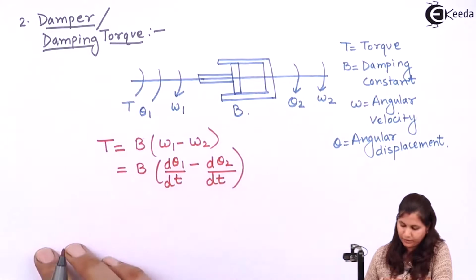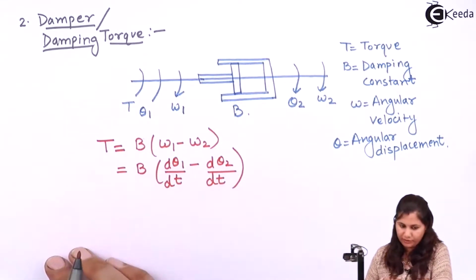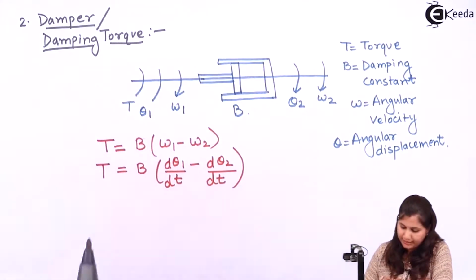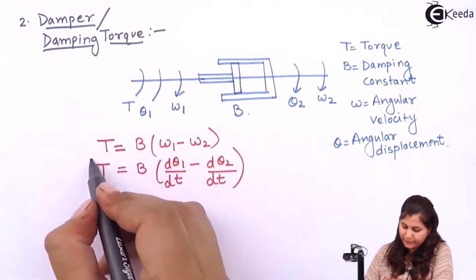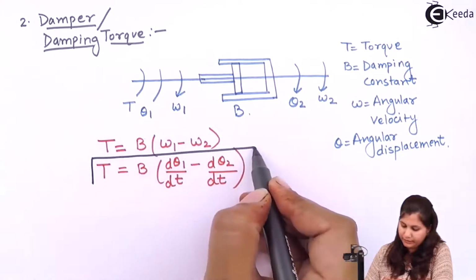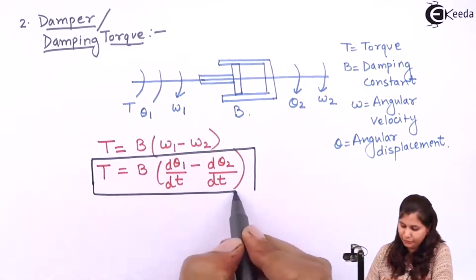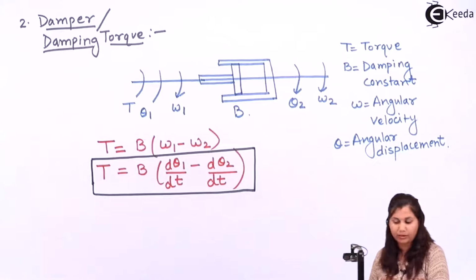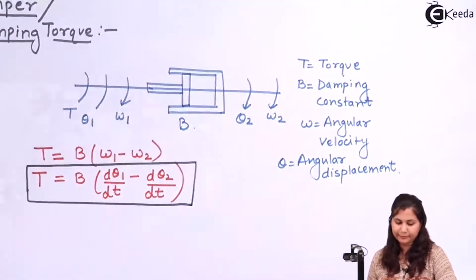So this is our torque, and it is the mathematical representation of the damper in the rotational systems. Okay, now let's study the third element, which is the spring.